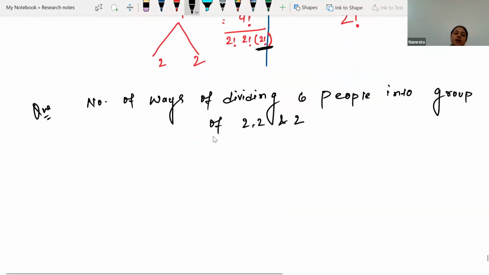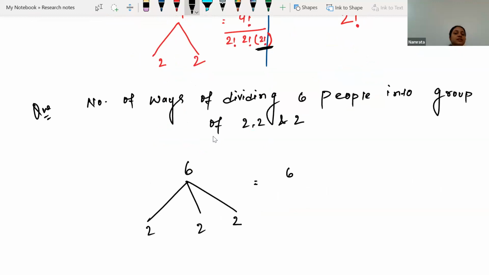The direct approach says 6 factorial by 2 factorial into 2 factorial into 2 factorial into 3 factorial. Why 3 factorial? Because 3 such groups are there which are of the same size.